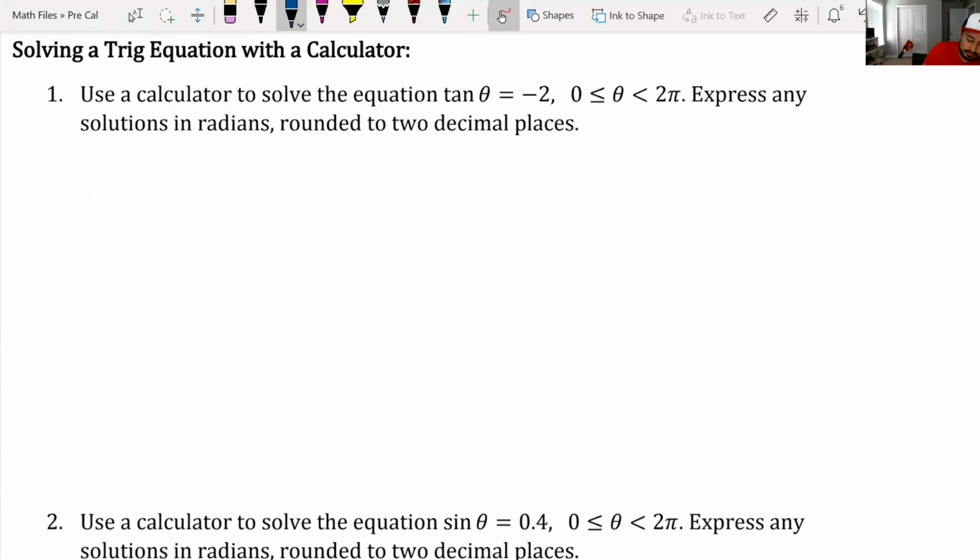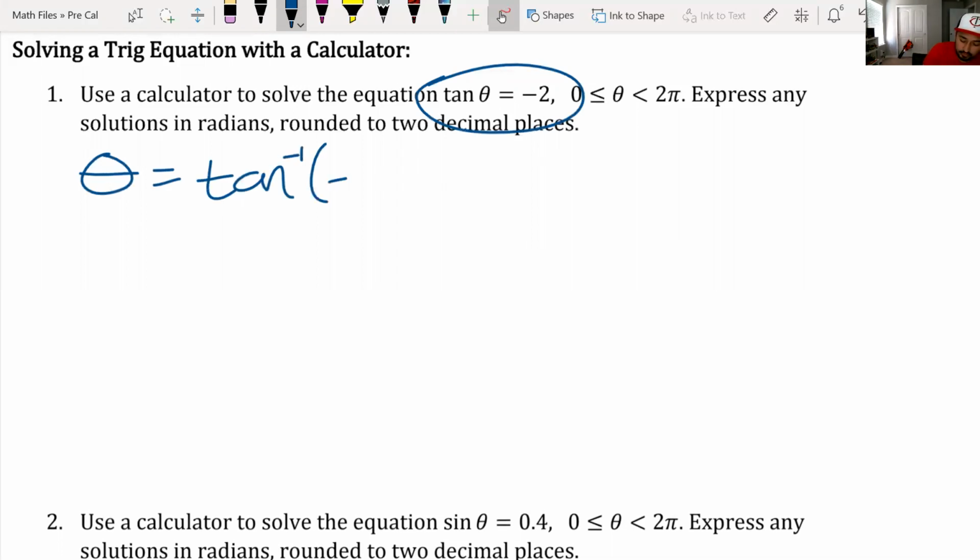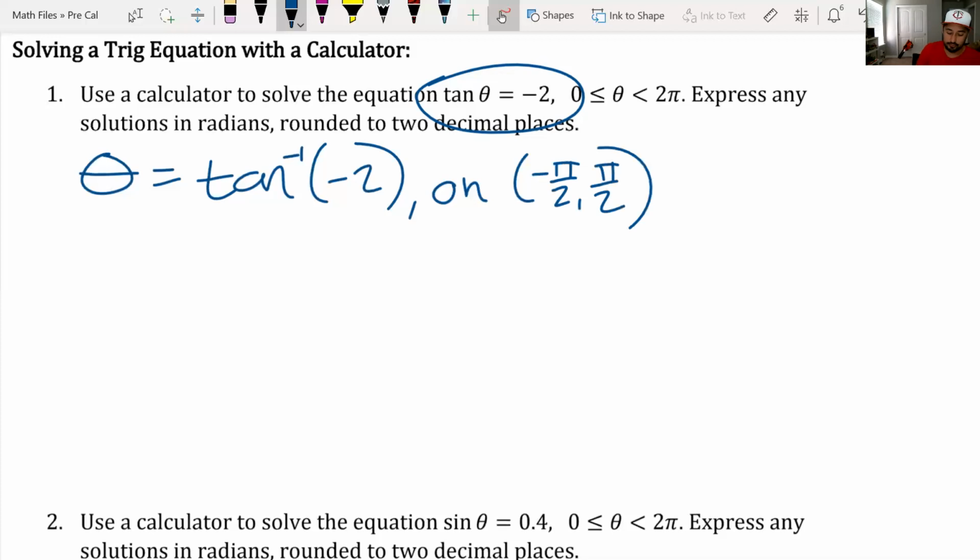So this means that if we apply the inverse to this function, we'll get theta equals the inverse tangent of -2. But here's where the tricky part comes in. Remember, the inverse tangent lies on the interval -π/2 to π/2.